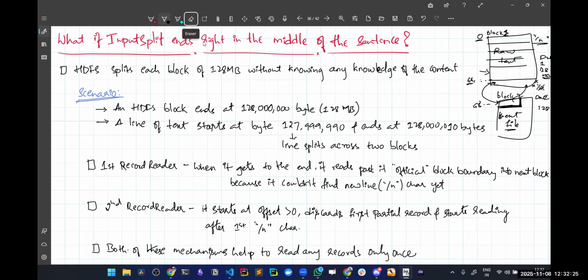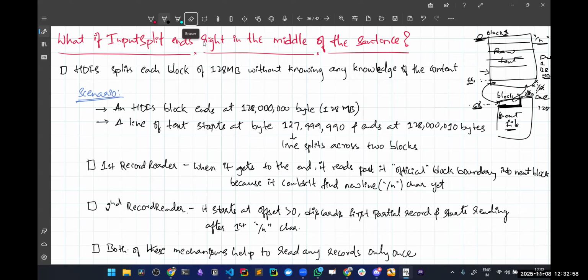So how does record reader 2 work? Since it is not starting from the 0th offset, the starting of the file, it knows for a fact that it will not read the first line here, up to the slash n character. Usually it means that this line is split across the previous block and this block.